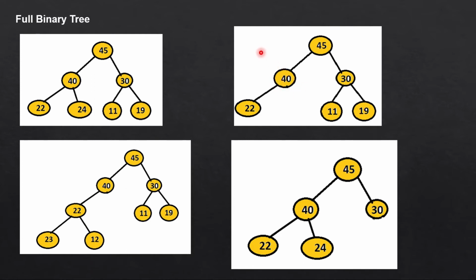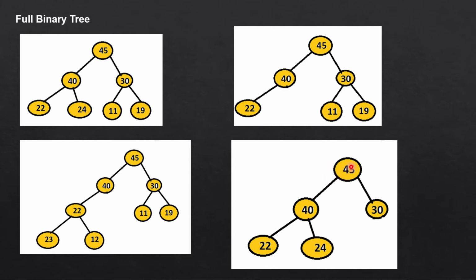That means this is not a full binary tree. Coming to this example, you can see the same thing. This particular node has only one child. So here it's a cross mark, meaning it is also not a full binary tree.